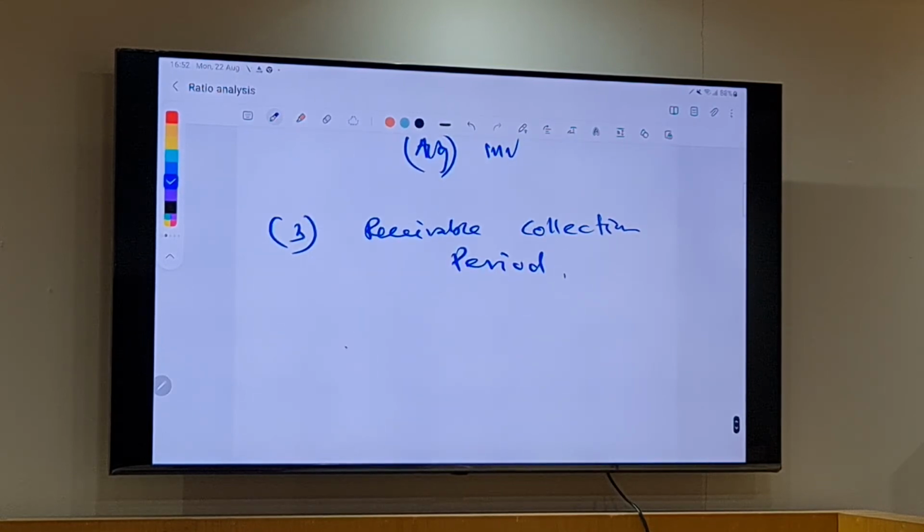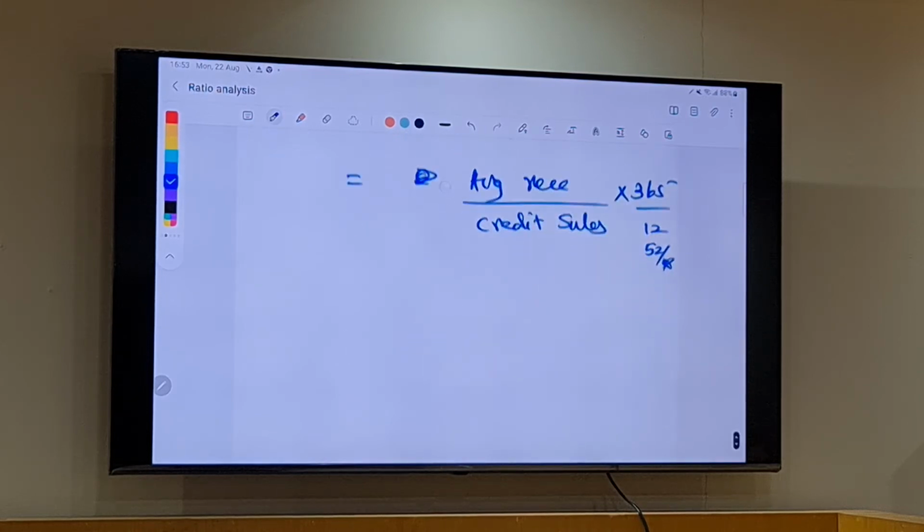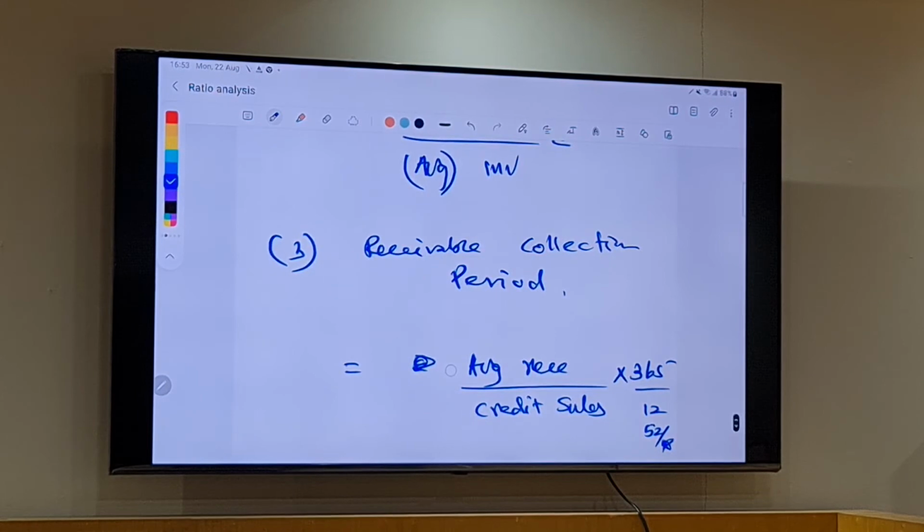Receivable collection period is equal to average receivable divided by, please note, credit sales into 365 days. If I put 365, answer comes in days. But if I put 12, answer will be in months. If I put 52 or 48, answer is in weeks. You should understand that.